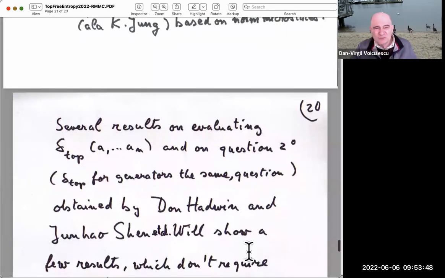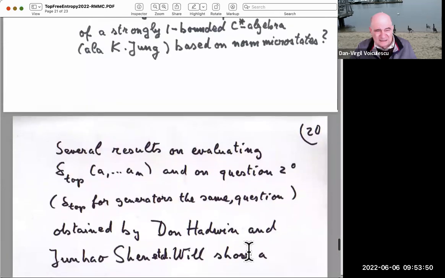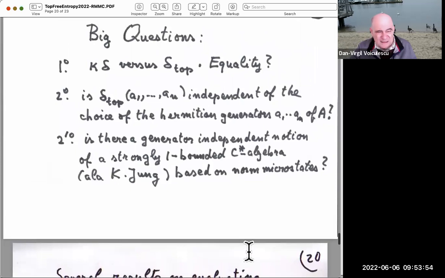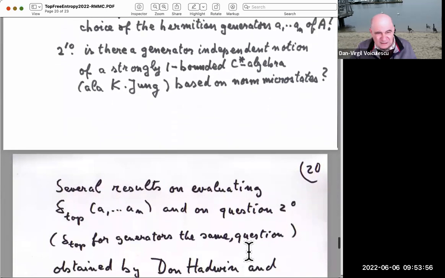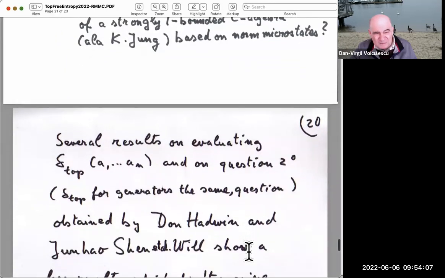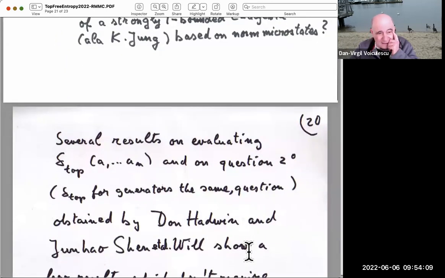I should mention also that there are several results on evaluating the topological free entropy dimension, and on question 2, obtained by Don Hadwin, Junhao Shen, and their co-workers.